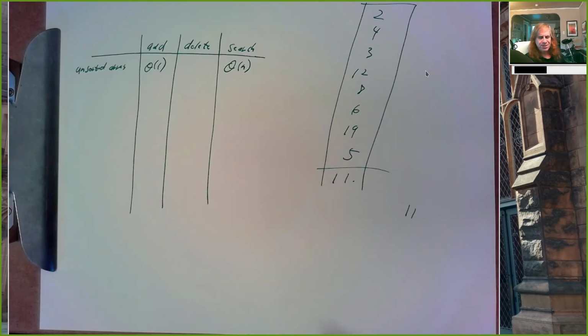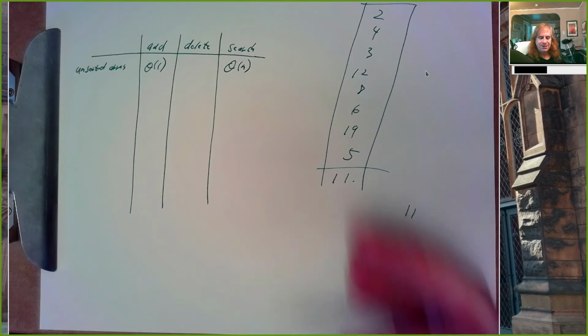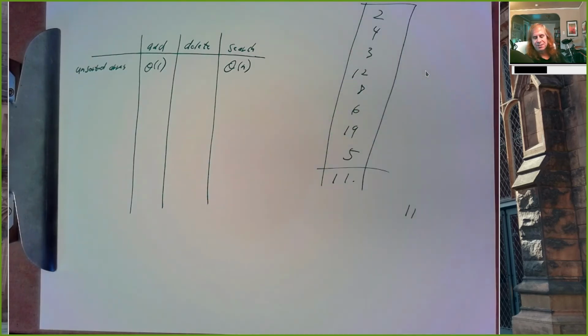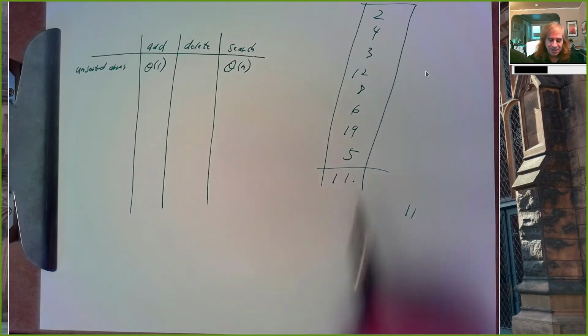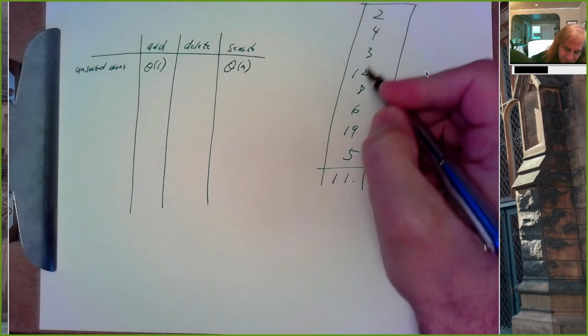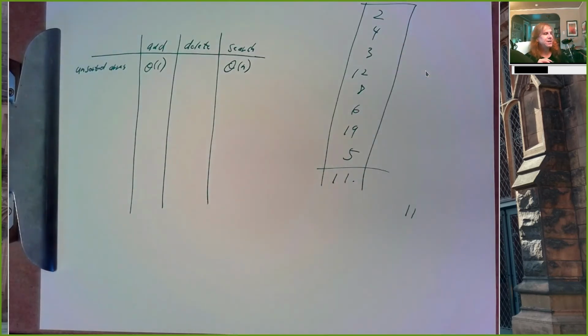I could replace the content with a null, but that's going to make things a little tricky down the road, and they're going to lose that space, and eventually that may be a problem. I could move the starting point, but that's going to be trickier than we want to do. I could shift the array. I could move the 4 up to here, the 3 up to here, and so on. That's going to be an order n operation. Any other ideas?